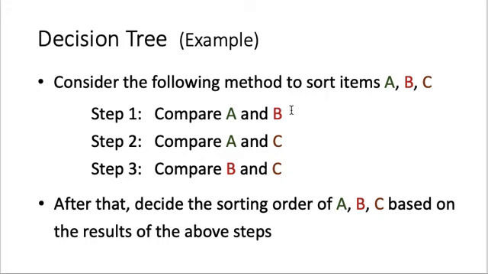The first step always compares A and B, the second step always compares A and C, and the third step always compares B and C. After making these three comparisons, the algorithm can do some calculation, and then deduce the order of A, B, C based on these results.